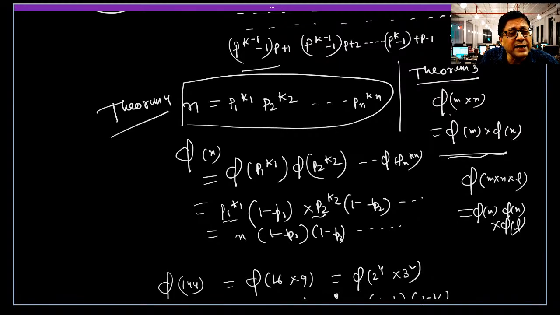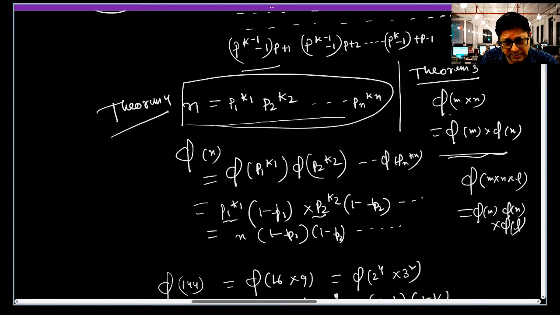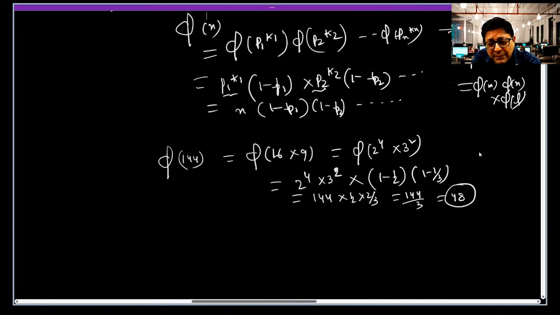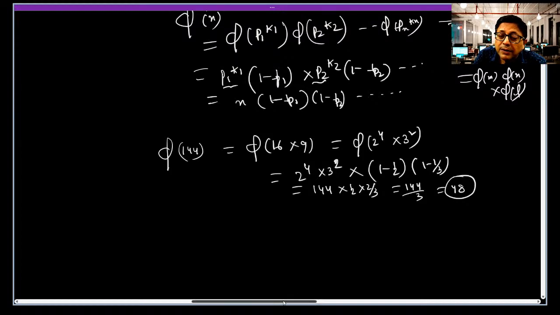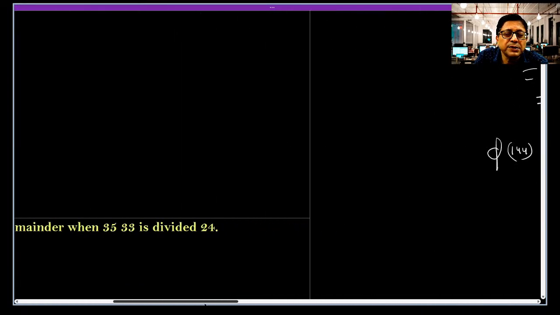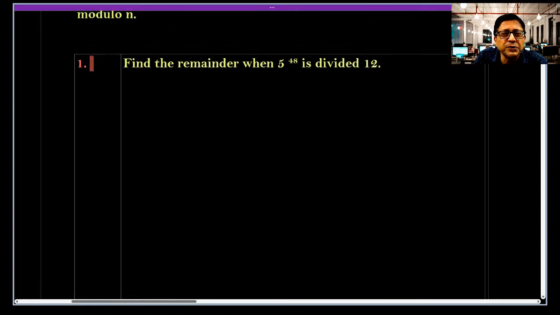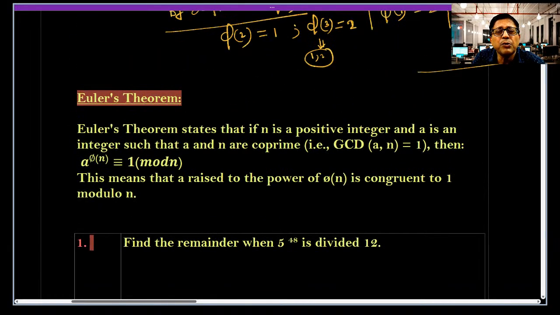So if it is phi n, that number which is composite and prime factorization is possible, the number of numbers less than n and prime to n is going to be given by this formula and this multiplicative property. And the most important theorem is here that we are going to do now, that is Euler's theorem.